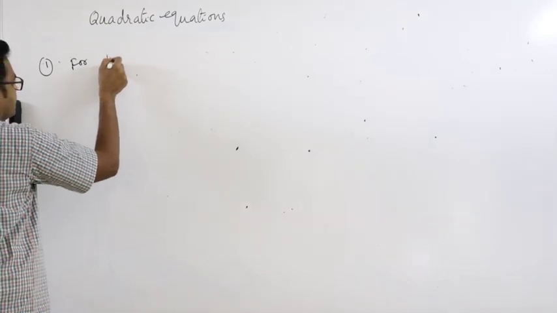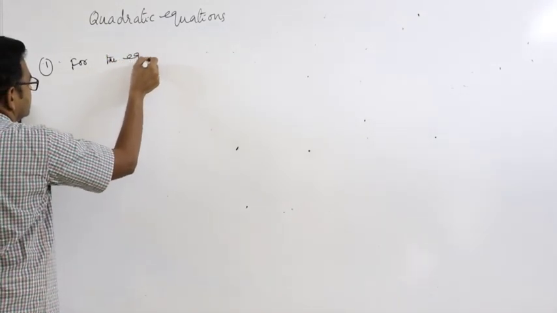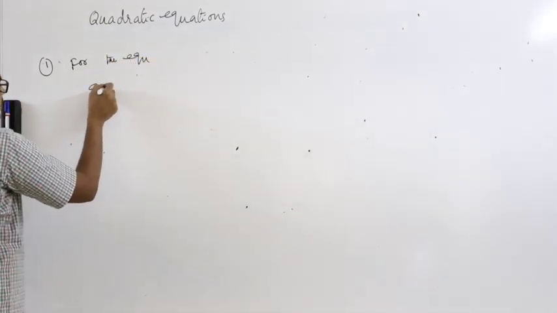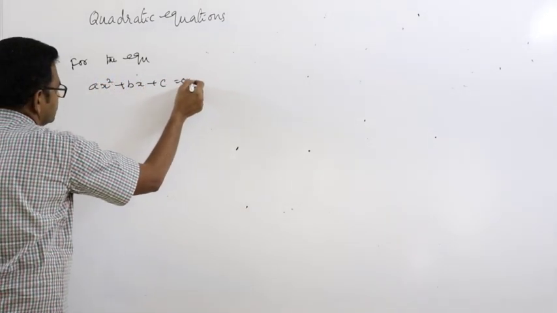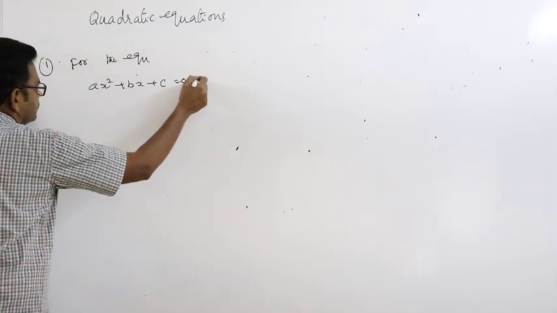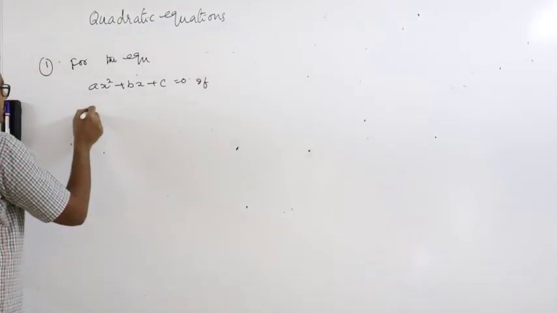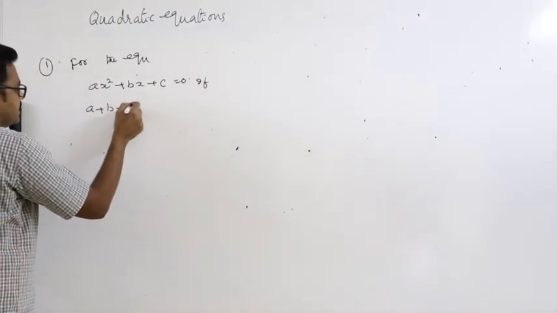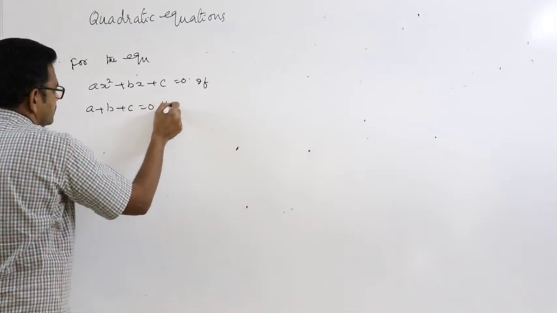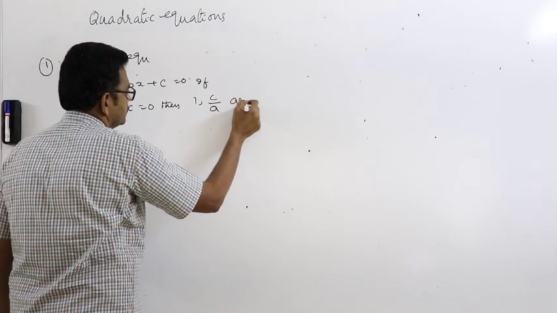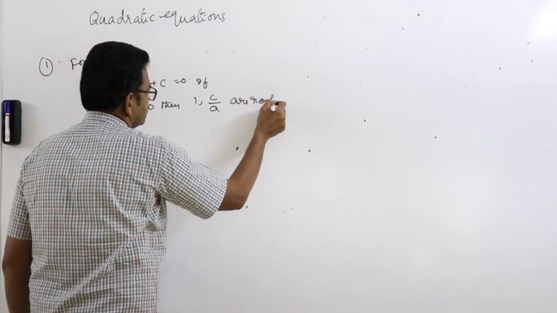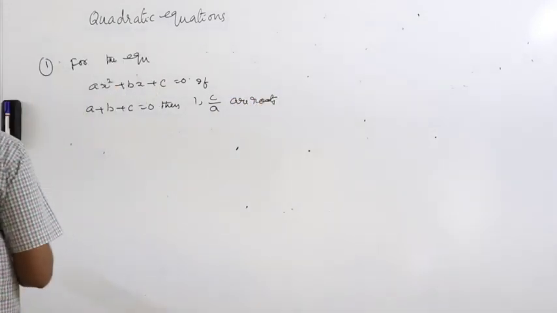The equation ax square plus bx plus c equal to 0. If a plus b plus c equal to 0, then 1 comma c by a are roots.